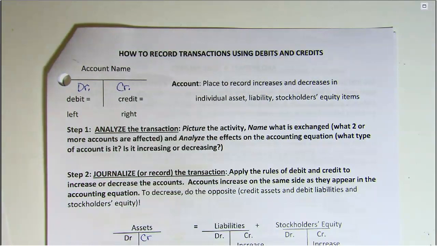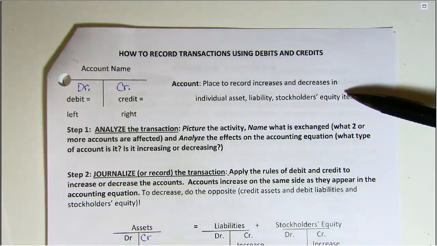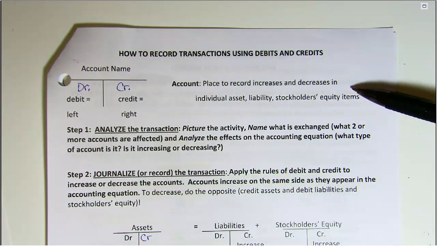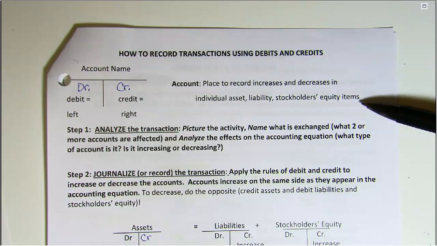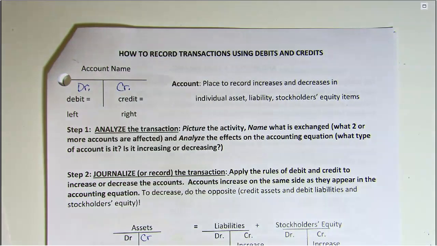Now remember that an account is simply a place to record increases and decreases in individual asset, liability, and stockholders' equity items. There's a list of all the balance sheet accounts in the Please Print folder, but let me show you what that looks like here.